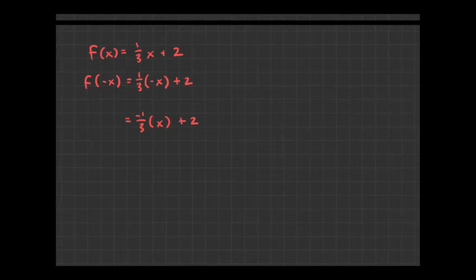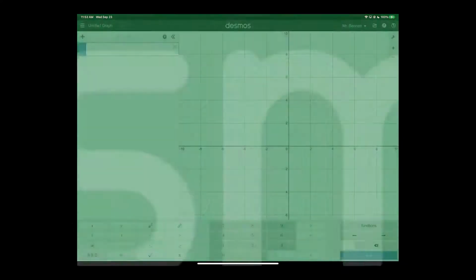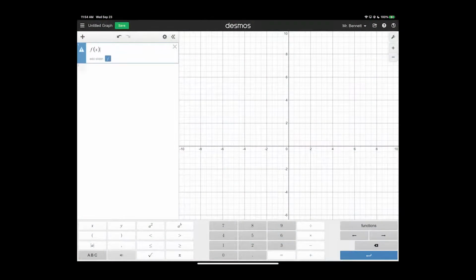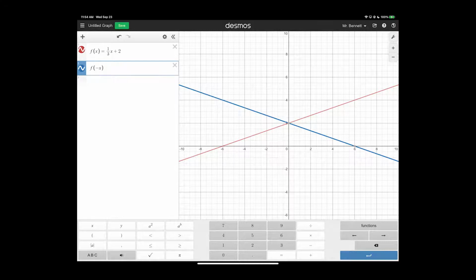Let's head over to Desmos and take a quick look at what this function looks like, even though we already know more or less what it looks like. So let's try f of x equals 1/3 of x plus 2. And then I'm going to write f of negative x.